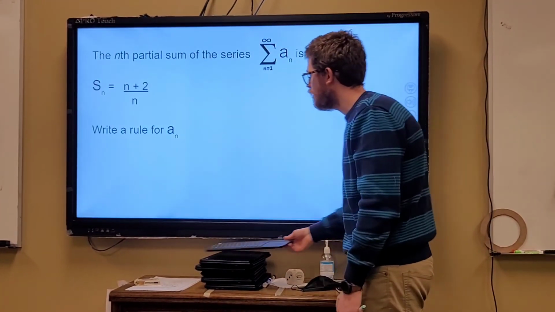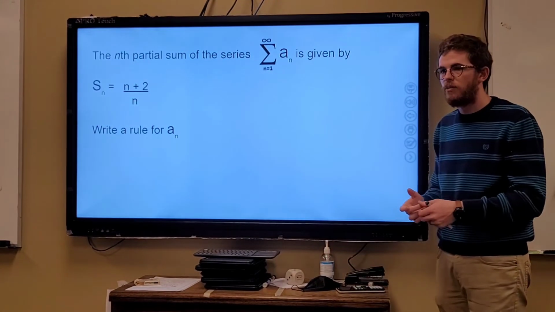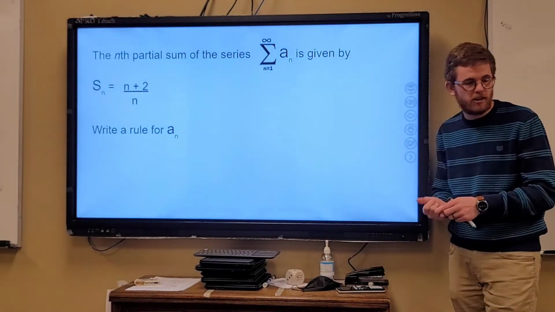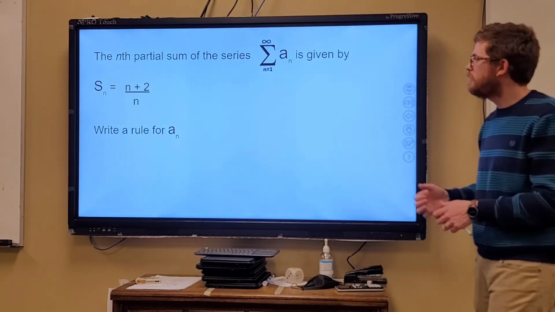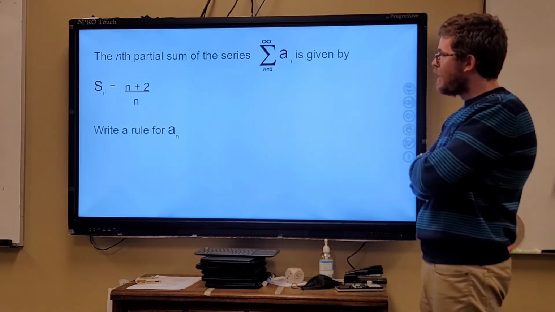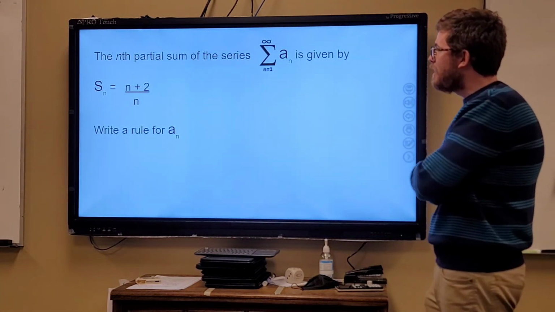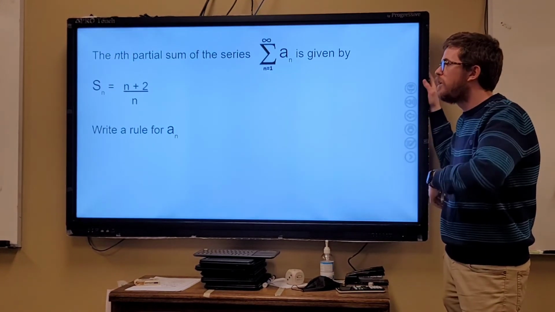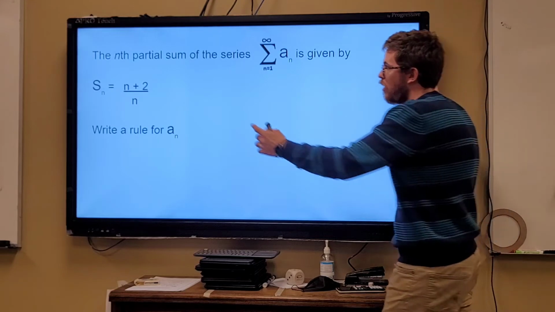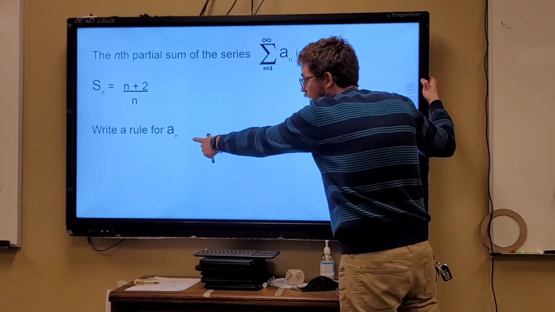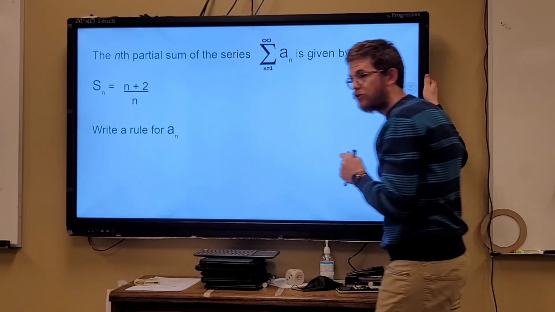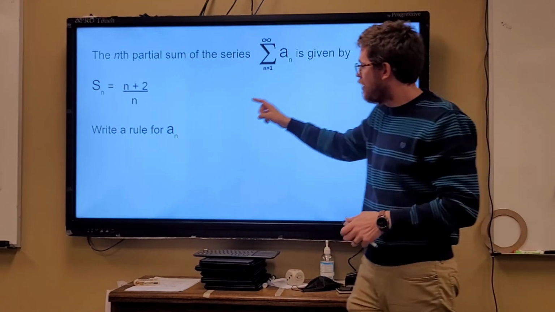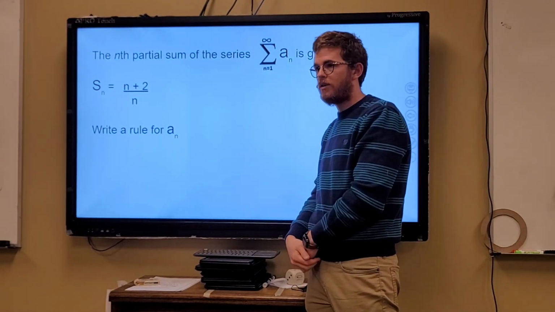Okay, let's talk about partial sums. This is exciting stuff right here. It says the nth partial sum. So this is where we have to be careful with S versus A. A is talking about the term in our sequence.